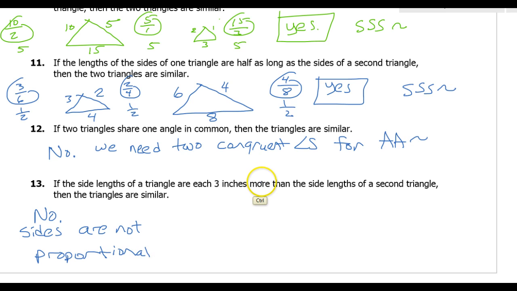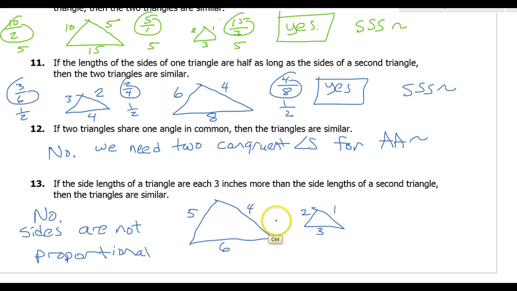But let's show some work on this. So let's say you have one triangle that is 1, 2, 3. And then you have another triangle where each of the sides are 3 inches more. So if I add 3 to all these, this would be 4, 5, and 6.